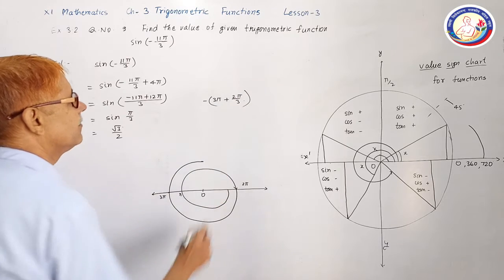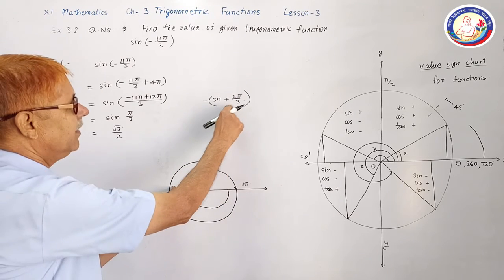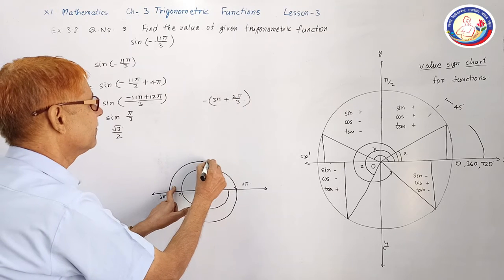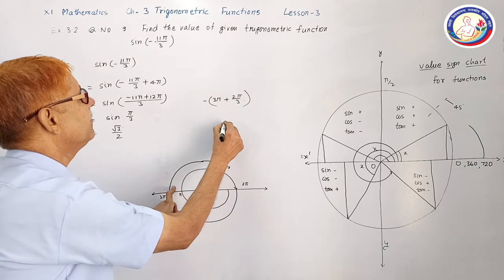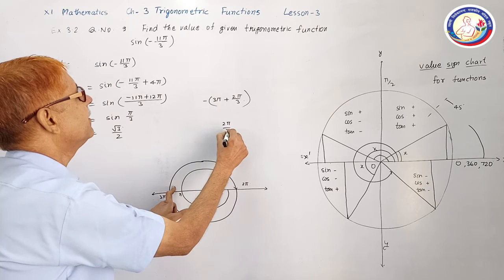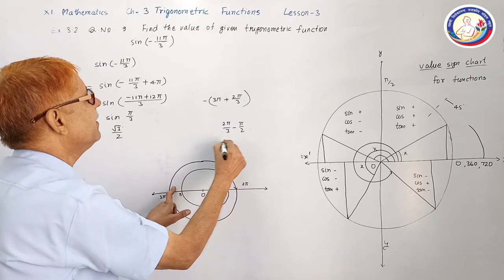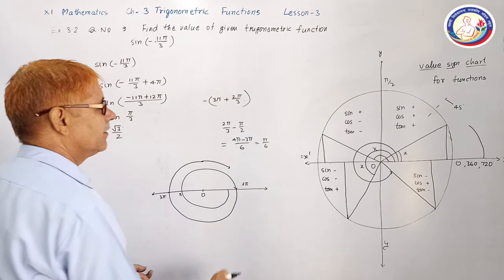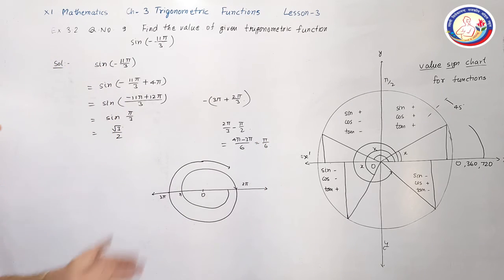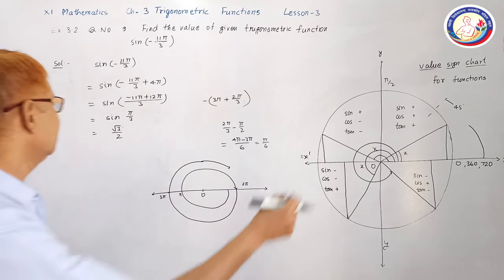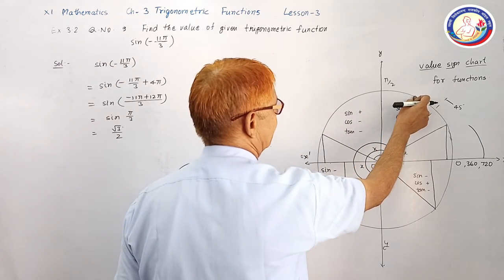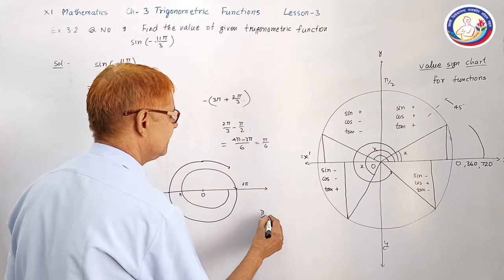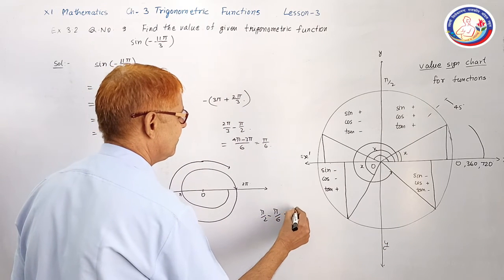This is negative, so after this we will have an angle in the negative direction, 2 pi by 3, and it will be here. If we replace 2 pi by 3 minus pi by 2, we will get pi by 6 in the negative direction. So it will be pi by 6 at this point. So from the positive direction, it will be pi by 2 minus pi by 6, and that will be pi by 3.